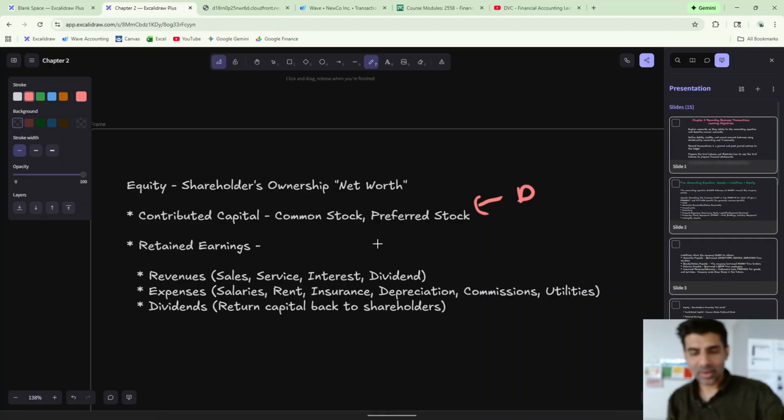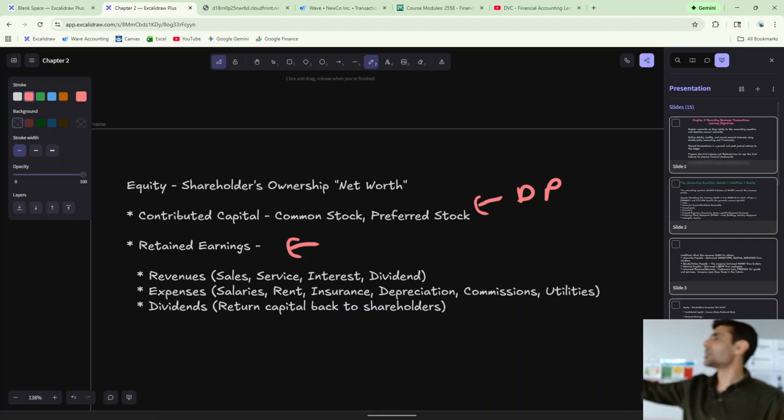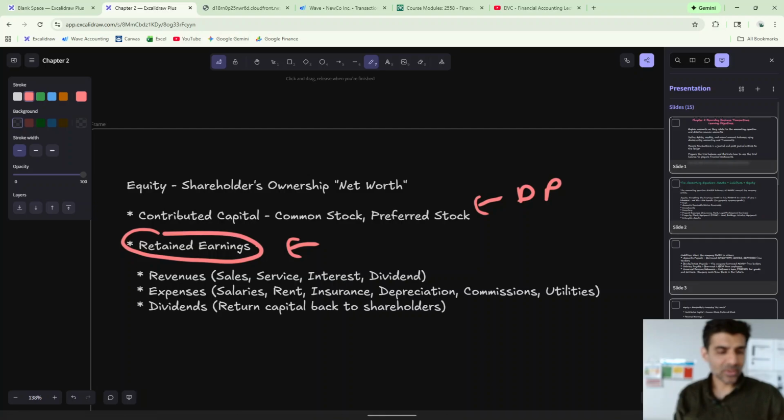This is money that you, as the owners, are contributing to the business out of your pocket. But it also includes the earnings of the business: how much it's bringing in revenue, how much it's paying out in expenses, and how much it's returning to the shareholders. You need to factor that into the total equity.